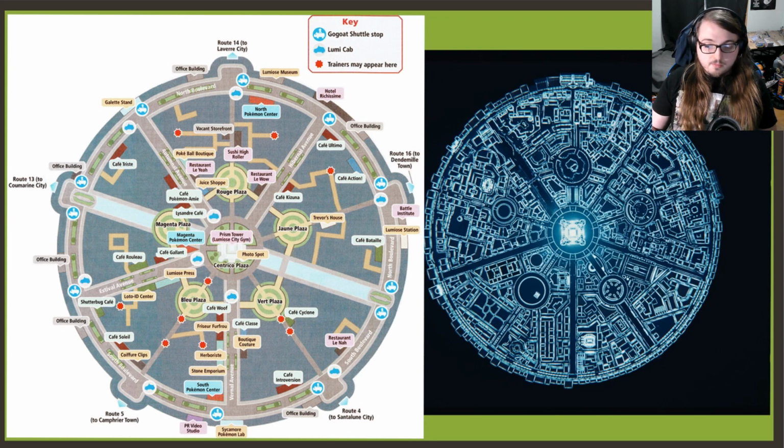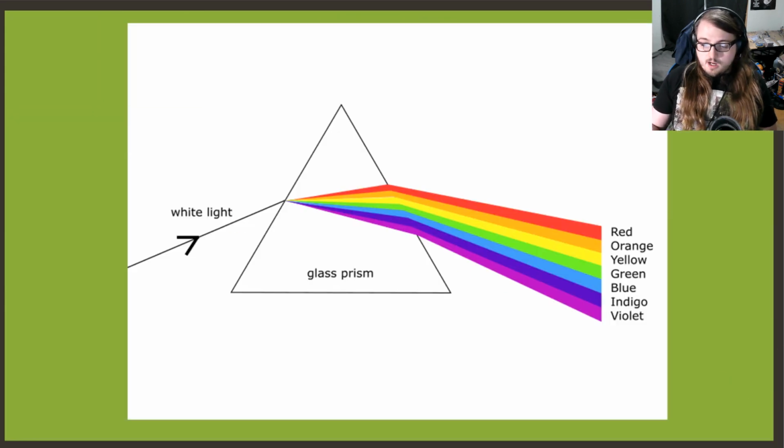So a prism is an object that is like a triangular form that takes in white light and then separates that into all the visible wavelengths of light.